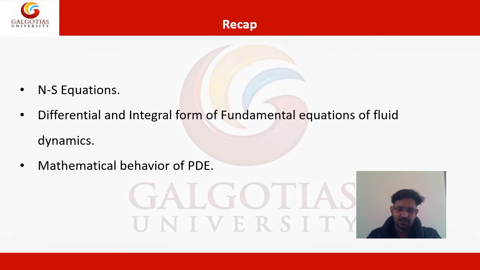Then we saw the categories of these partial differential equations, whether they are parabolic, elliptical, hyperbolic, and the nature of their solutions. I covered all this in the previous lecture. Now we are moving towards discretization, that is, how to write the algebraic equations for the partial differential equations.